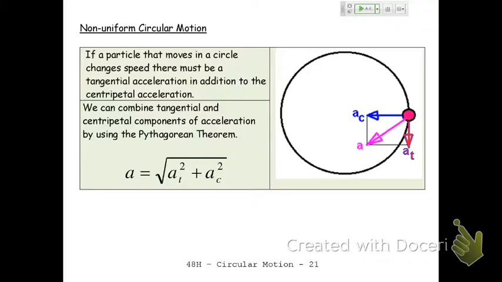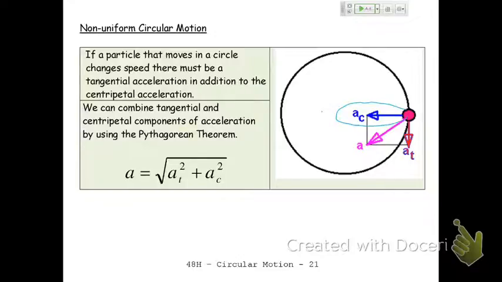Non-uniform circular motion: whenever you are going in a circle, you have a centripetal acceleration. That's a given. If you're not speeding up while going in a circle, you don't have a tangential acceleration.